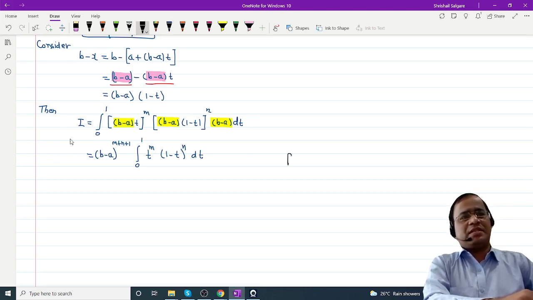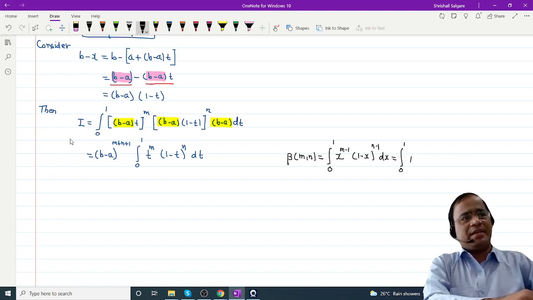For your understanding, once again I will write beta of m, n. Can anyone narrate the definition of beta? The integral from 0 to 1 of x raised to m minus 1 into (1 minus x) raised to n minus 1 dx. And one more thing, definite integrals are independent of the parameter.